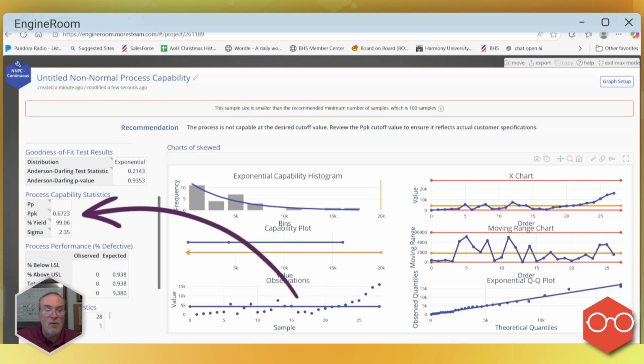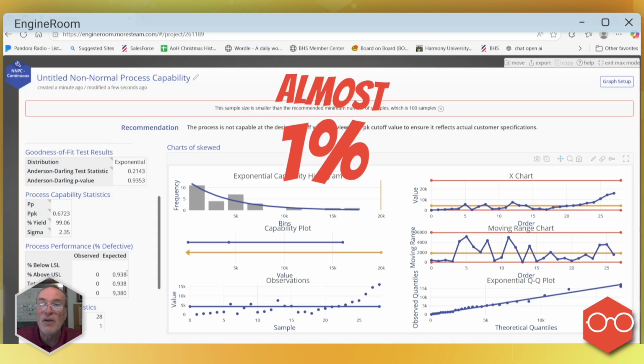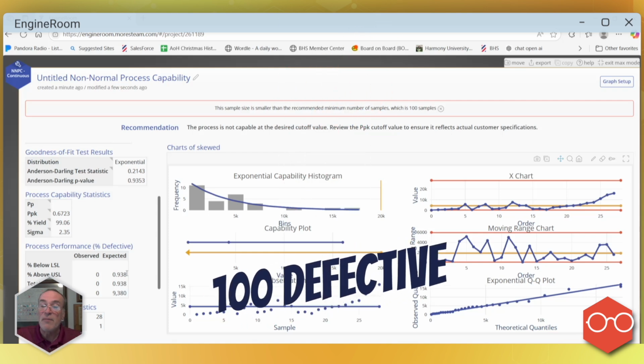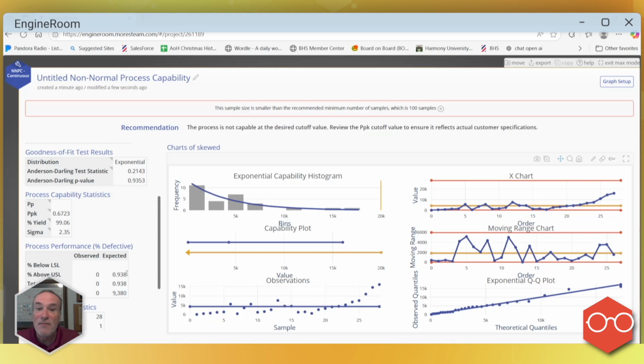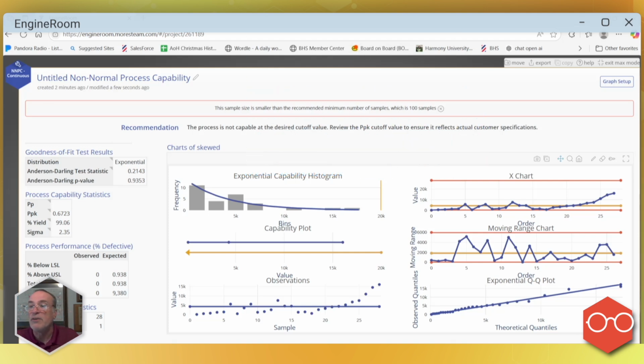So, in terms of what we would expect, we would expect almost 1% of our product to be out of spec. So if we produce 10,000 units, we would expect 100 of them to be out of spec. That might mean something for your business. Even if you were doing 100% inspection, you're still scrapping out 100 out of 10,000 as opposed to 1 out of 10,000. Might make a difference for you.